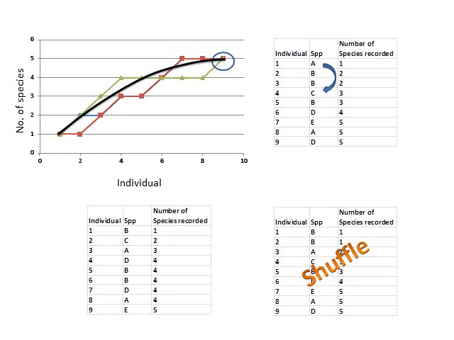Okay, so basically the rarefaction curve is an average of all possible species accumulation curves. And you can still see that it ends on 5 species.